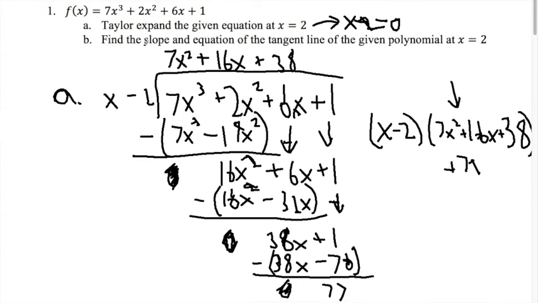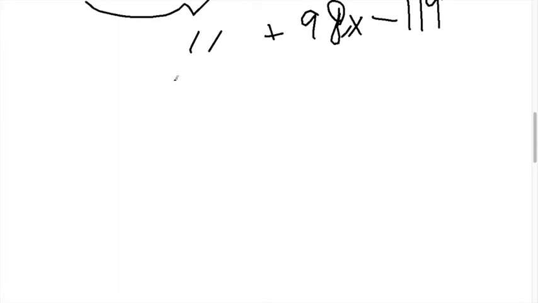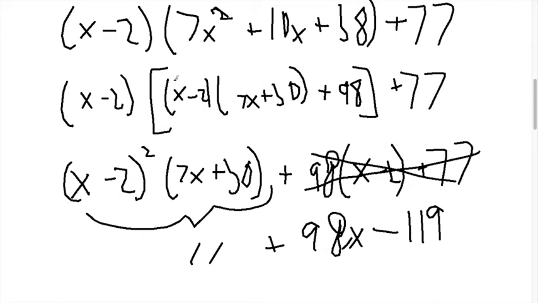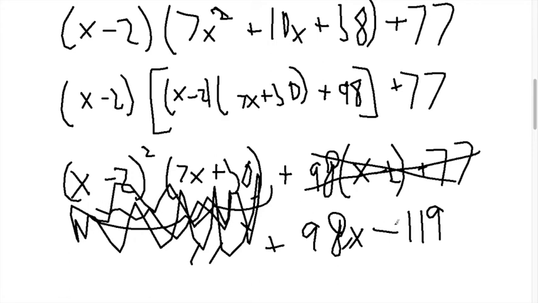Part 2 of the problem, or part B of the problem, tells us to find the slope and equation of the tangent line, given the polynomial is at the same point it was at before. Well, that becomes really easy for us, because to find the equation of a tangent line of any polynomial, what you have to do is Taylor expand it, which we already did. And the Taylor expansion gave us this value. So when you're looking at this and trying to find the tangent line and the slope, you cross out this beginning part and you look at the part that's left back here.